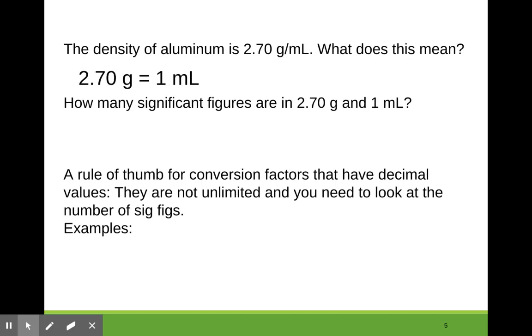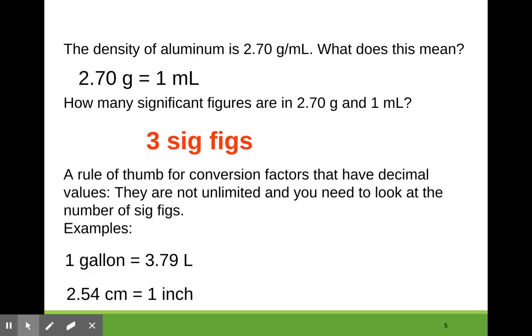So again, if we're looking here, 2.70 grams is equal to 1 milliliter. There'd be 3 sig figs because of the 3 here. And 1 gallon is equal to 3.79 liters. Again, 3 sig figs compared to the 1. 2.54 centimeters is equal to 1 inch.